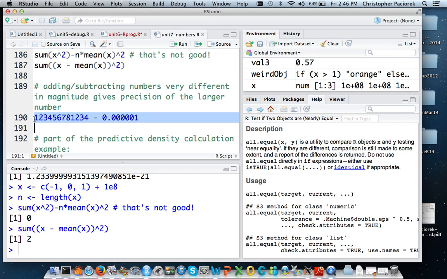So here, if I subtract these two numbers, well, the problem is that if this number gets small enough relative to this number, I'm trying to subtract a very small amount off of this number, but this number is only represented accurately up to a certain number of digits. So if I were to try and subtract off something that was smaller than the amount to which the number of digits that I can represent this accurately, I'm not going to be able to actually have any accuracy.